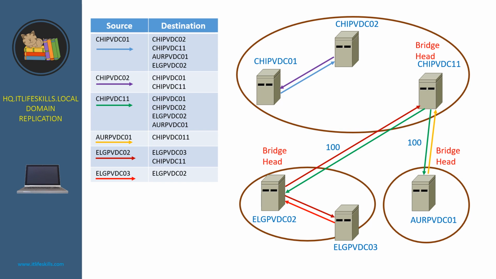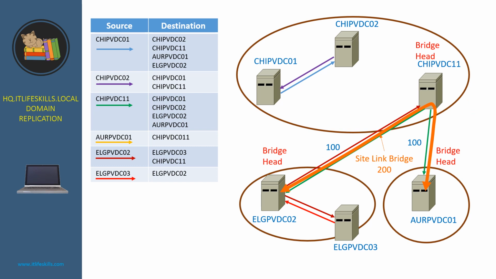Even though we configured the site link bridge to connect Elgin and Aurora, there is no replication connection between Elgin and Aurora, because the cost for the replication between Elgin and Aurora via the site link bridge is the same as the replication cost between Elgin and Aurora via Chicago site.